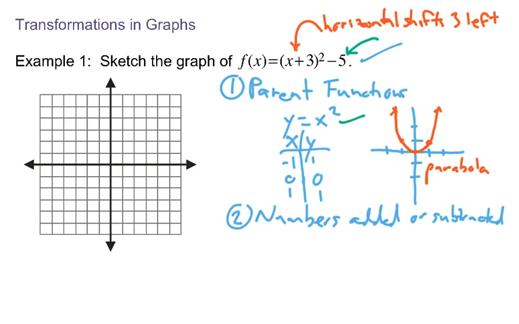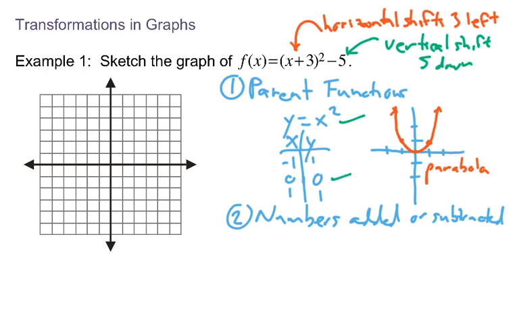A number outside the function tacked on the end represents a vertical shift. And these work more like you expect them to. Adding would make it go up, subtracting would make it go down, 5 units down.